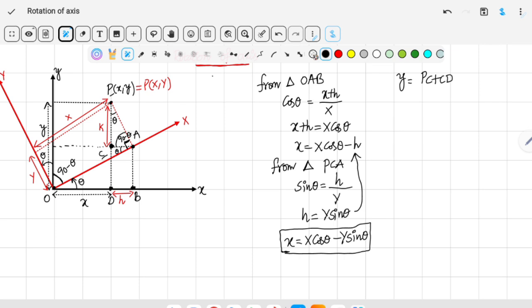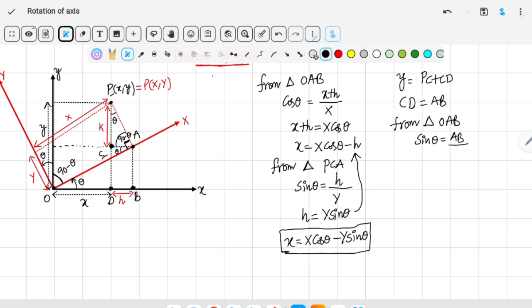Now what is CD? CD is same as AB. Now from the triangle OAB, sine theta is equal to AB by hypotenuse.